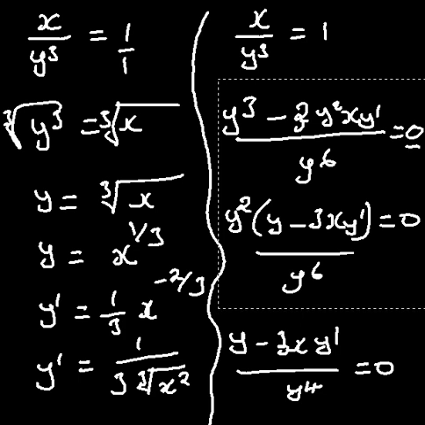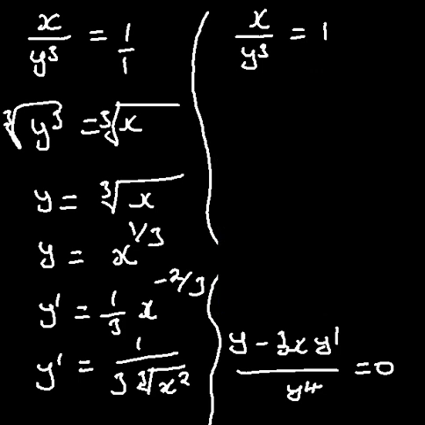And let me take this one out. So in this case we make y prime the subject, or cross multiply here, and that will be given as y minus 3x y prime is equal to 0.